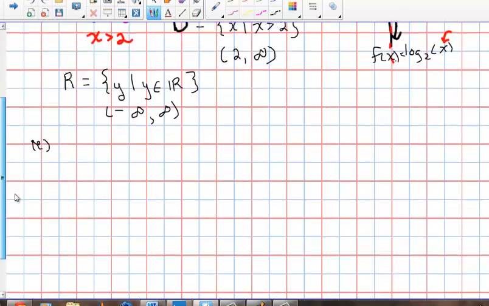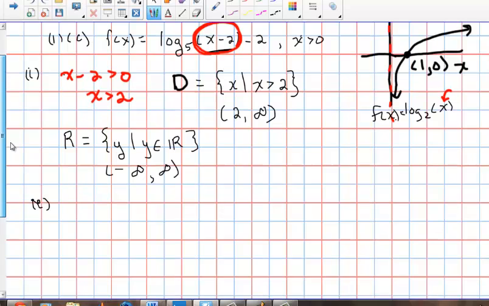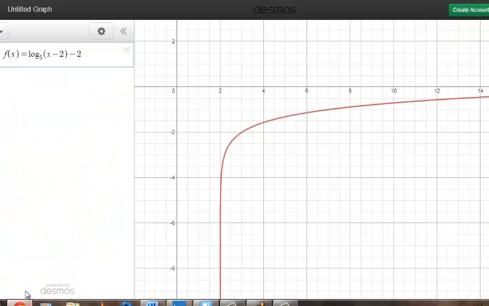Okay, let's look at part 2. Alright, part 2, we are asked to find any asymptotes and axes intercepts. So in order to find the asymptotes for a logarithmic function, we want to look for the vertical asymptote. And we already have a clue here, looking at the domain, that x has to be greater than 2. So if you take a look at the actual function, let's go ahead and graph it.